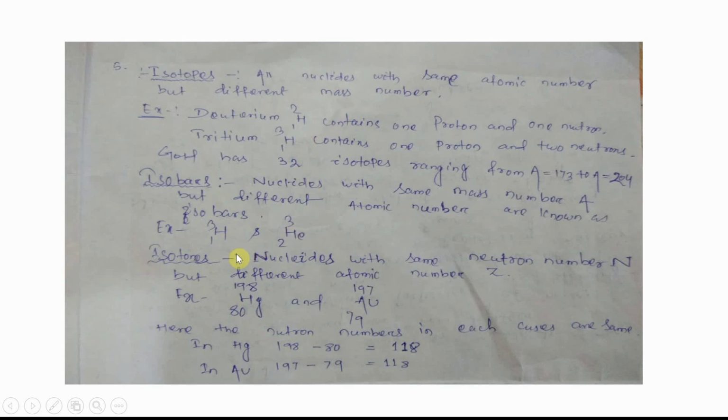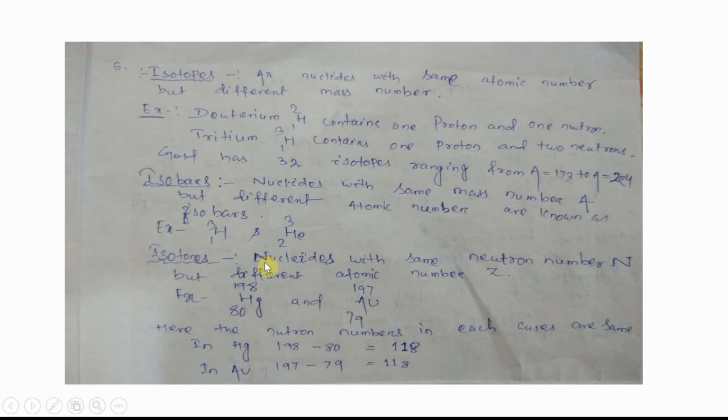That means the Z number is different, the A number is the same. Atoms of different nuclides, just like hydrogen 1 3. Here is one example, though many examples are possible: hydrogen 1 3, H 1 3, and helium 2 3. Here you will notice that the A number is the same, that is 3, but the Z number is different. For hydrogen, the Z number is 1, and for helium, the Z number is 2.